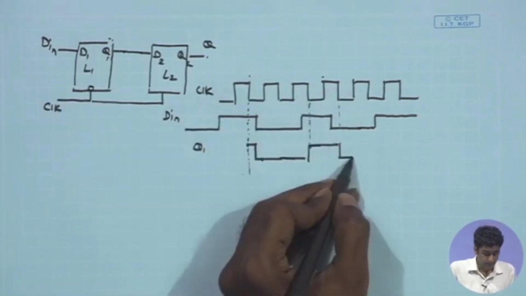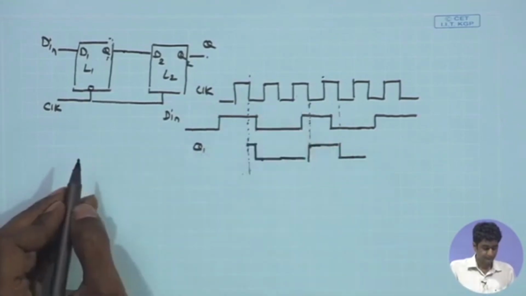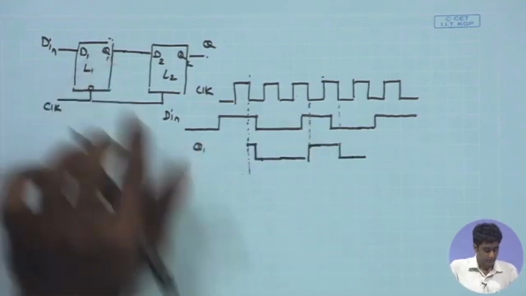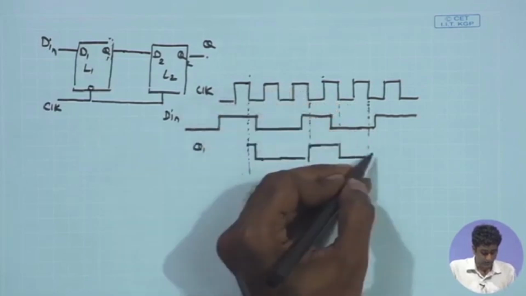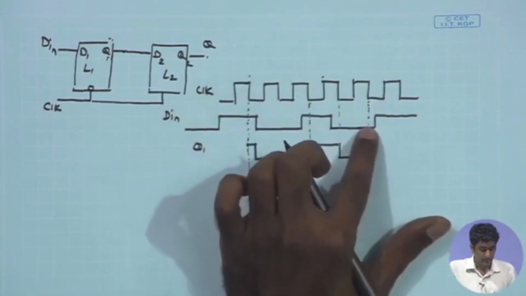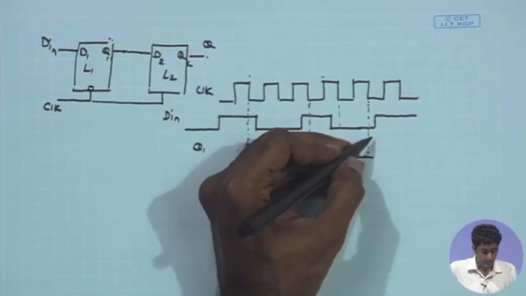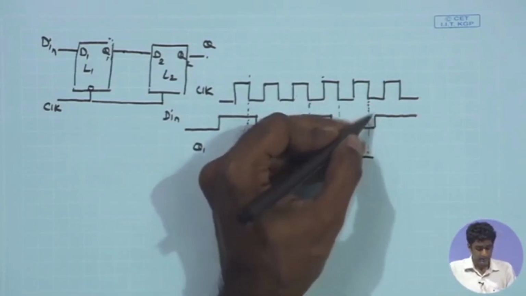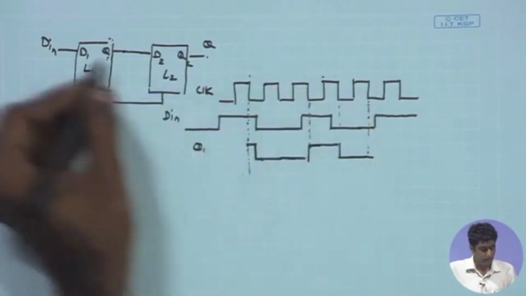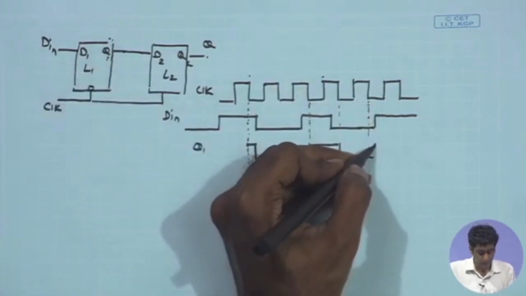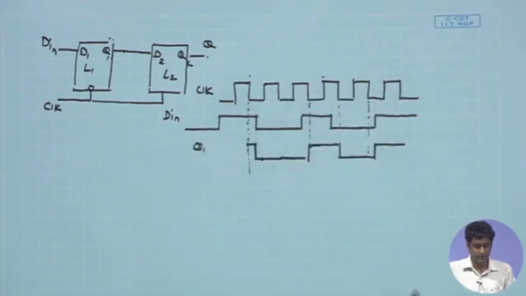During the positive phase, once again the transparency is lost, therefore, it will retain the same value, and as we see, when the clock goes again low, once again the data till this point is 0, therefore, it will remain 0, but the moment the data D in goes high during this negative phase of the clock, the Q1 will be copying that, and therefore, it will be making a transition, and once again in the negative phase it will be retaining the data.